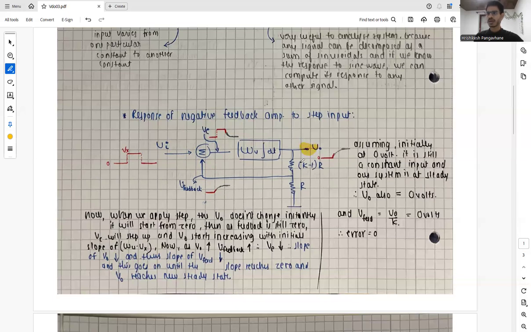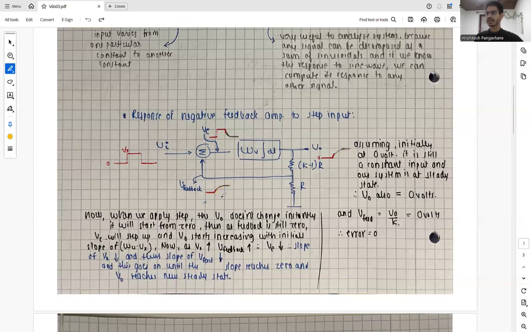Initially V naught starts increasing with an initial slope of omega u times Vx, and as V naught increases, the V feedback increases, so the difference reduces, so VE, the error, reduces, and thus the slope of V naught tends to decrease, and the slope of V feedback also tends to decrease.